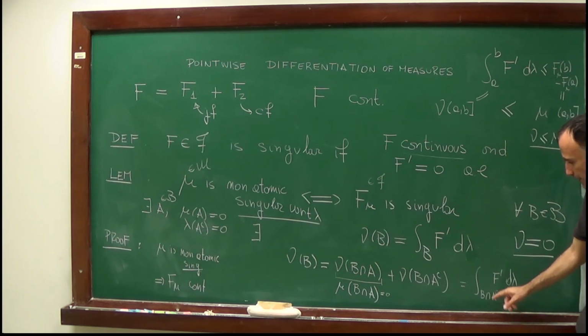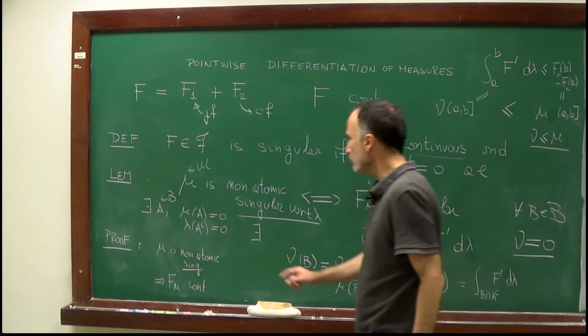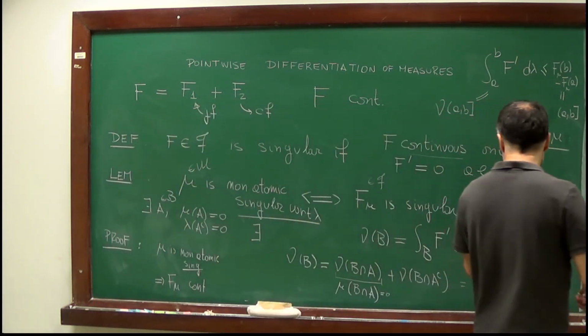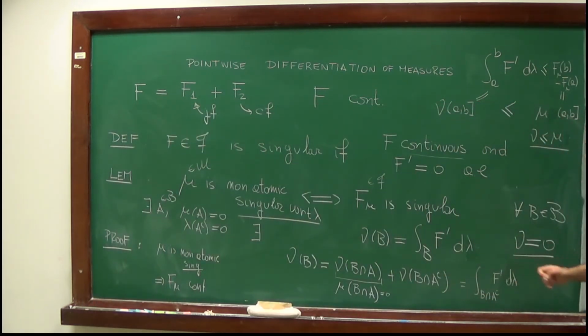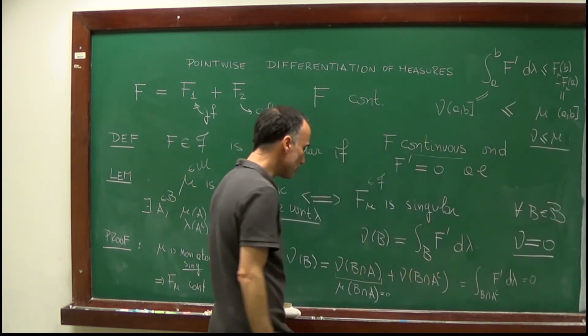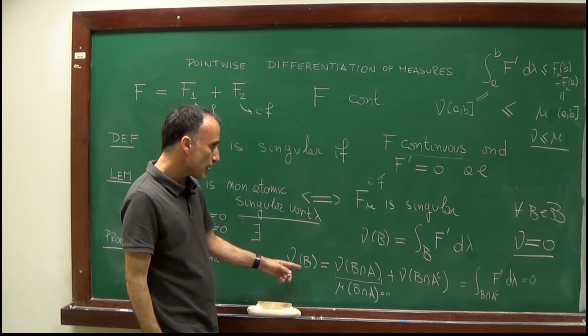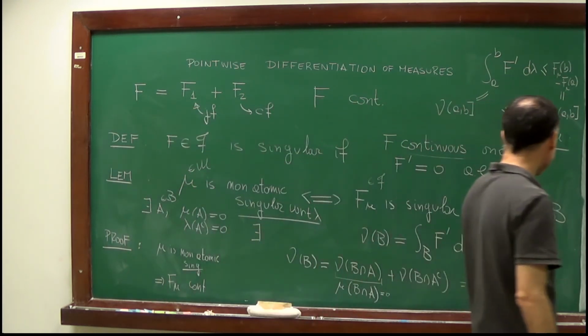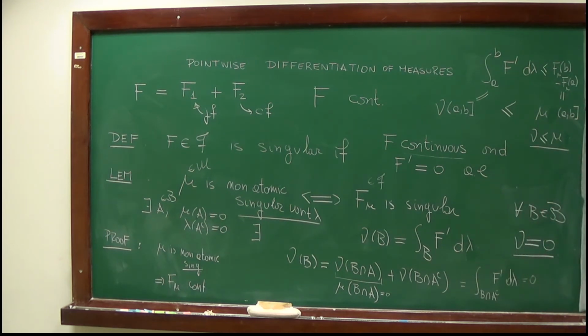Well, A complement has Lebesgue measure 0, and therefore this integral, since f prime is integrable over a finite set, is equal to 0. Okay. So this proves that the measure of the second set is also 0, which proves that for any set B, nu of B is equal to 0, which is what I claimed, that nu is equal to 0.